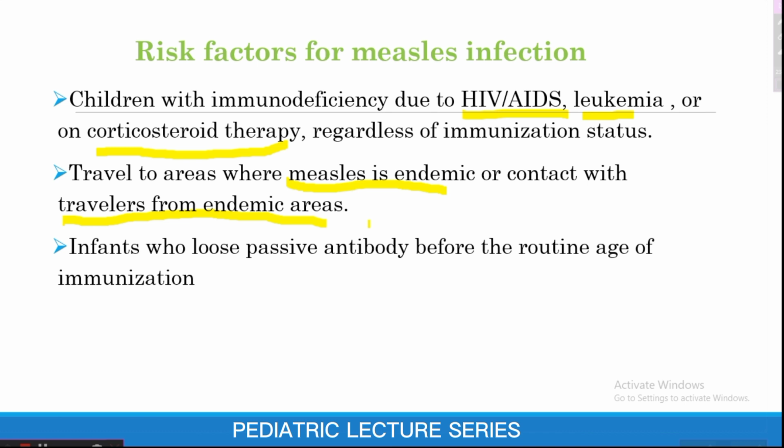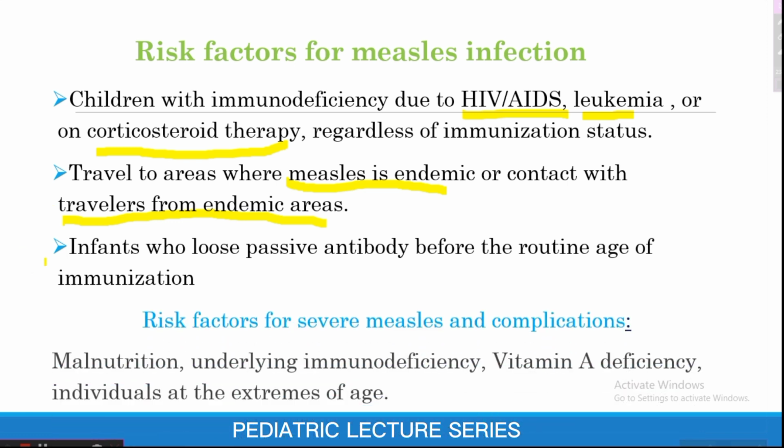Infants who lose the passive antibodies that were received from the mother before the routine age of immunization. And then also there are those factors that expose you to getting severe measles and the complications of measles.